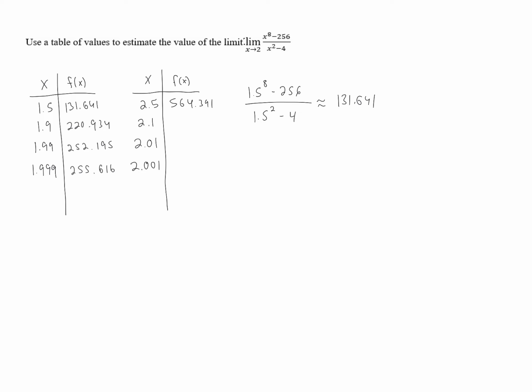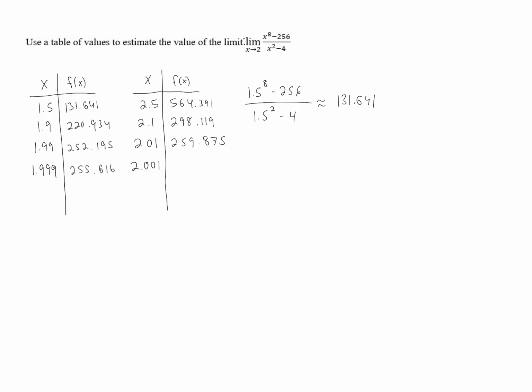Let's move in a little closer at 2.1 and see what we get. I get 298.119. That's looking a little closer to what we got on the other side, so that's looking good. If we do 2.01, and again, I'm just entering these into a calculator, nothing fancy, 259.875.